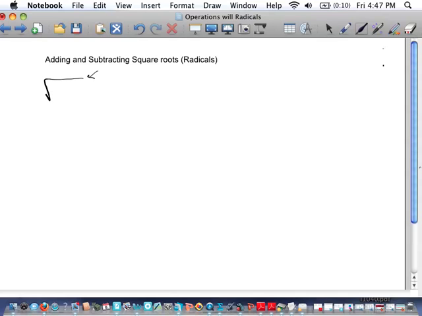That is the radical symbol. The index is here, and as I said before, for us that's always going to be a 2. Next year you'll find that that will change and you'll learn about cube roots and fourth and fifth and nth roots, etc. And the part under the radical is called the radicand.